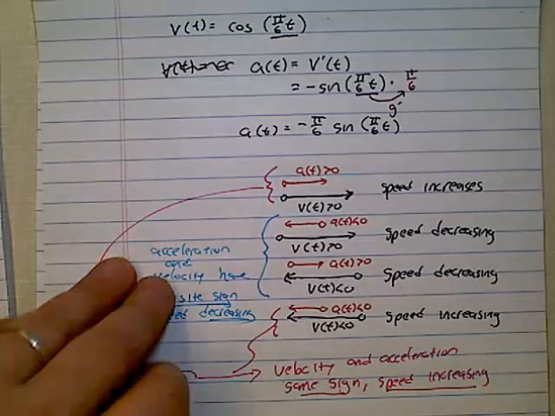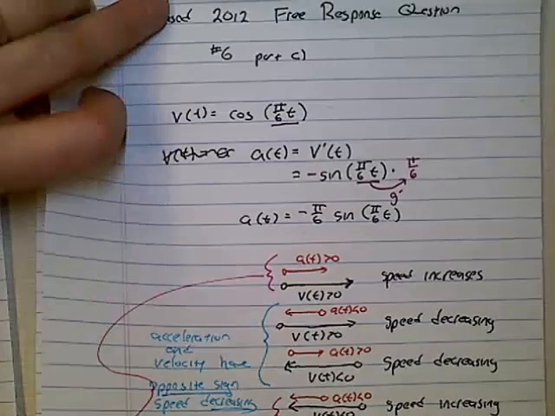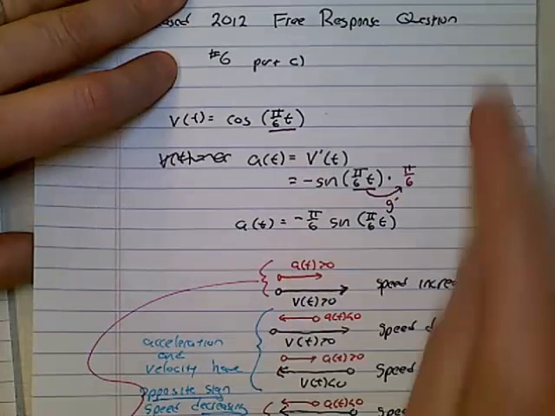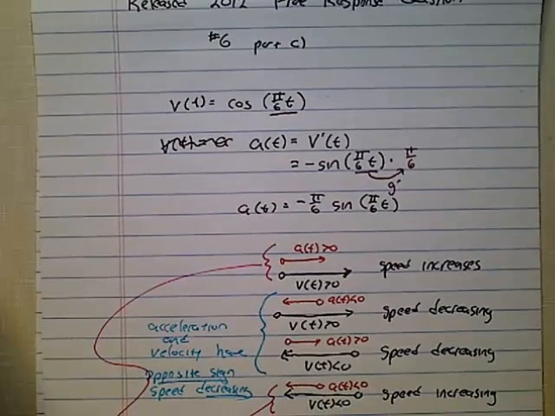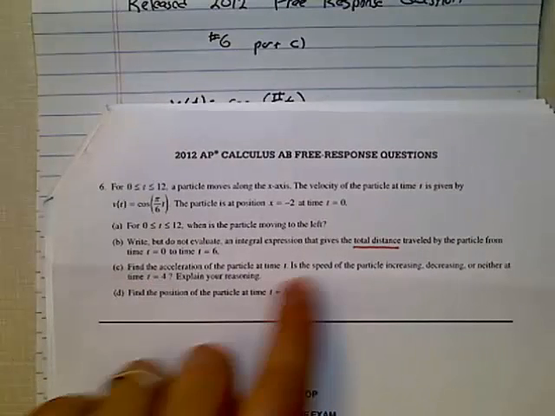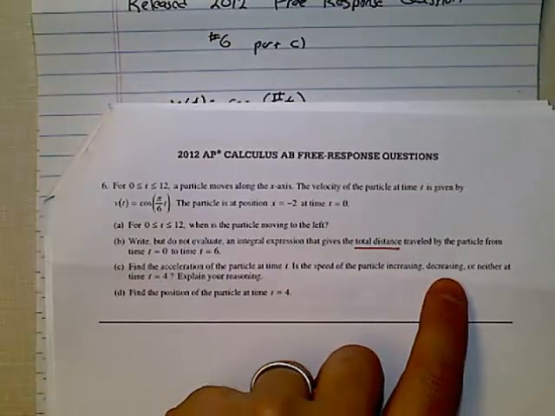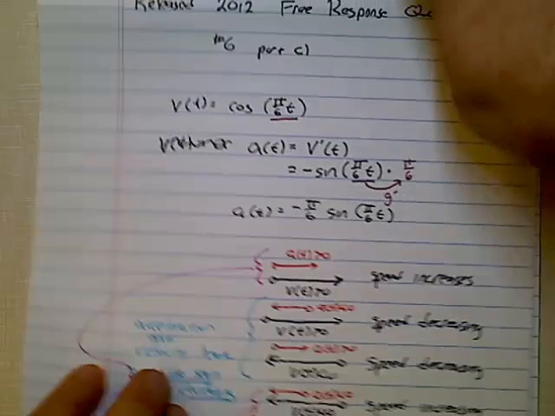So now we have to think about our particle, where we know what the velocity is and we know what the acceleration is, and we've been asked at time t equals 4, is the speed of the particle increasing, decreasing, or neither? So we will look at what the velocity and acceleration are and just compare their signs.